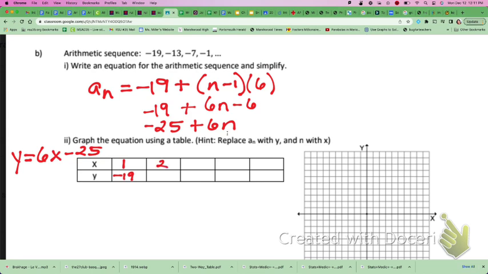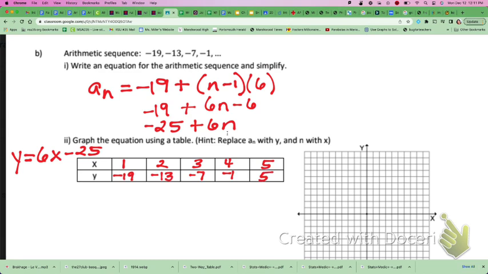If I do 6 times 2, that's 12, and negative 25 is negative 13. 3 would be negative 7. 4 is negative 1. 5 is 5. All right, I like these numbers, so I can plot 5, 5.